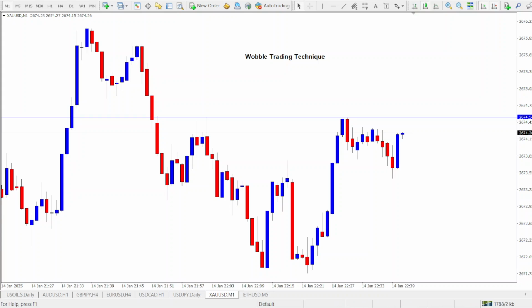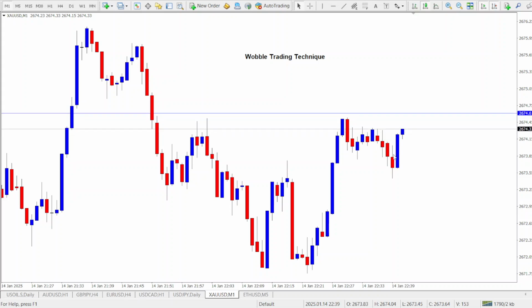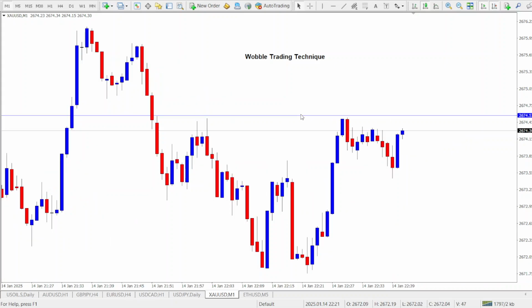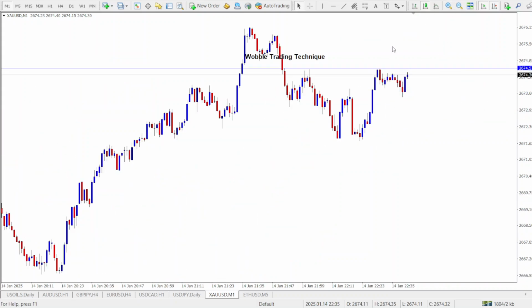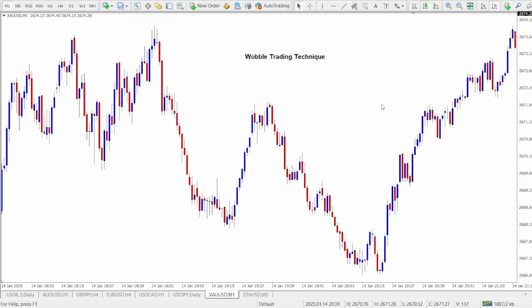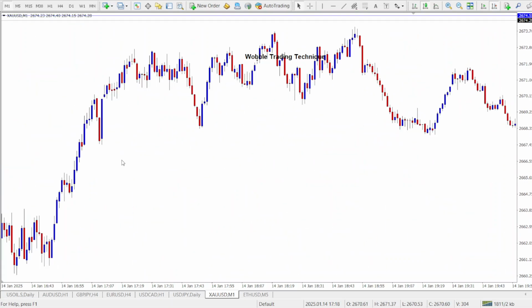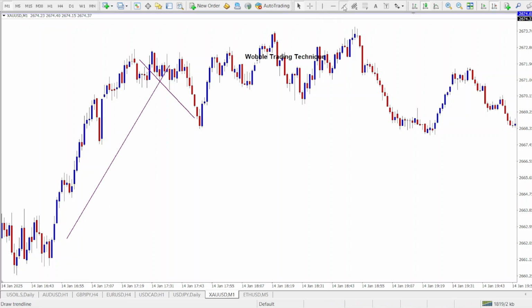Now, I'm just going to start with the basics of why the wobble technique works. It's important to know that markets are constantly fluctuating. As a trader, you will know that the market is in a state of constant fluctuations, defined by all these zigzag movements that you can see on the charts.